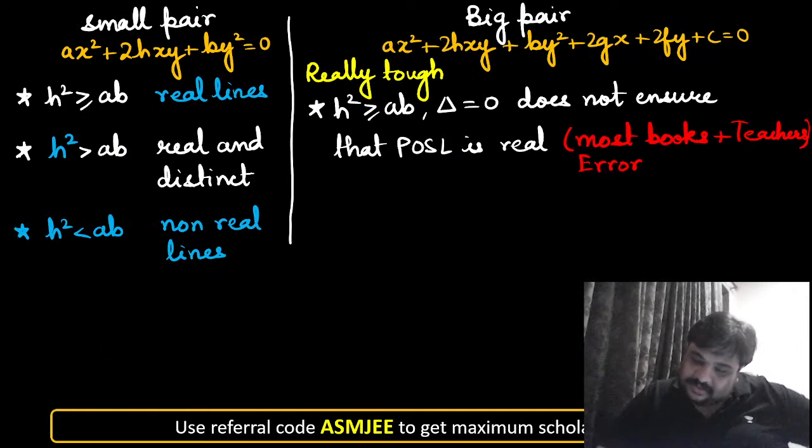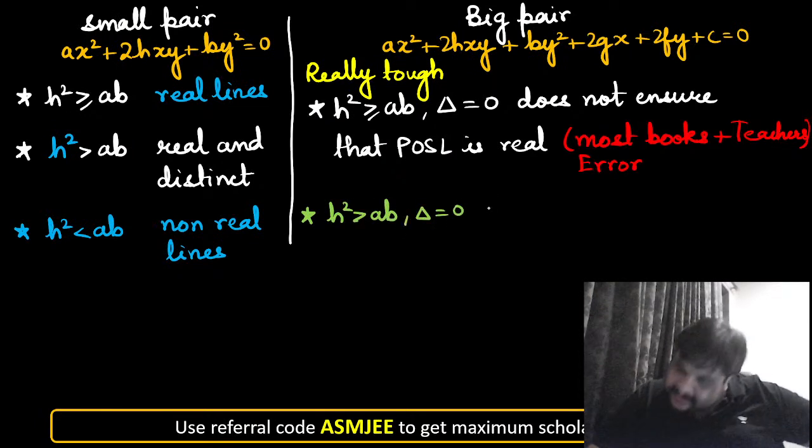So what to do? H square greater than AB, delta equal to 0 ensures. So now I'll just write down some points. See if you can make sense of it. H square greater than AB, delta equal to 0 ensures real and distinct.